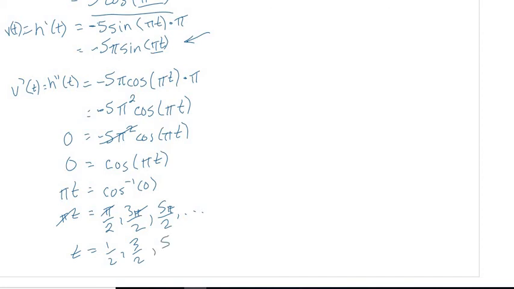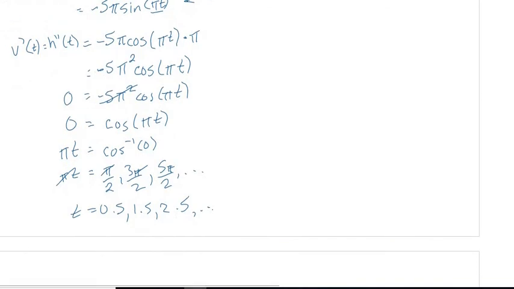3/2, 5/2. But since we like to deal with time in decimals, let's deal with 0.5, 1.5, 2.5, and so on and so forth. So we found the times where we can have a maximum or a minimum, but we're not sure which ones are maxes and mins.